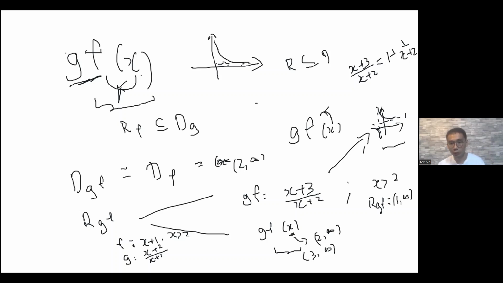So 3 to infinity, you are trying to put inside function g. It's like you're putting a range of values of x into a certain y value, so you need to have the graph. The graph of this is y equals 1 plus 1 over x plus 1, which is going to be like this.